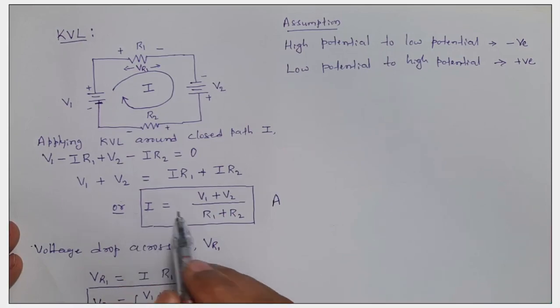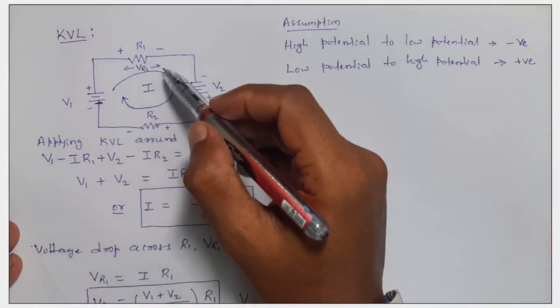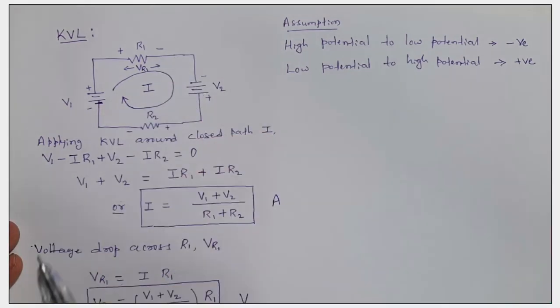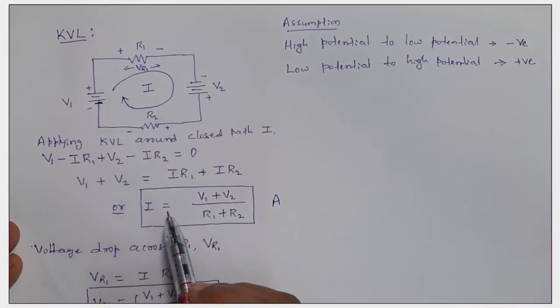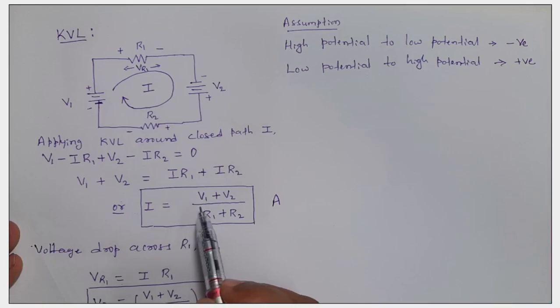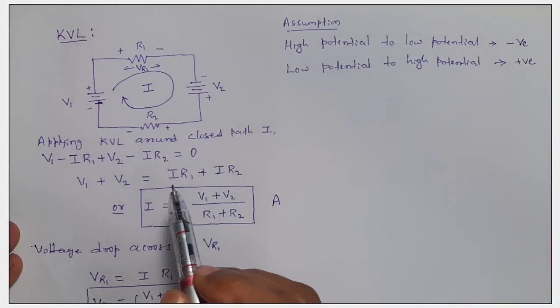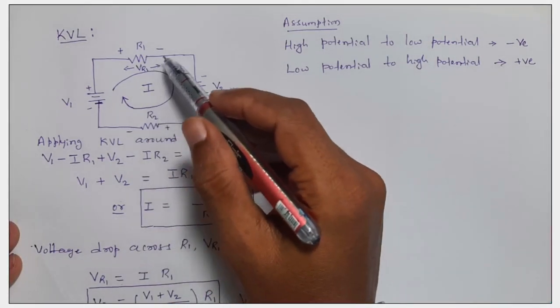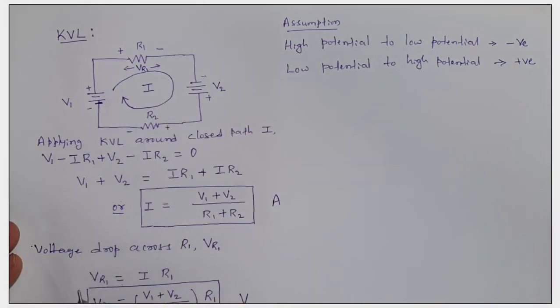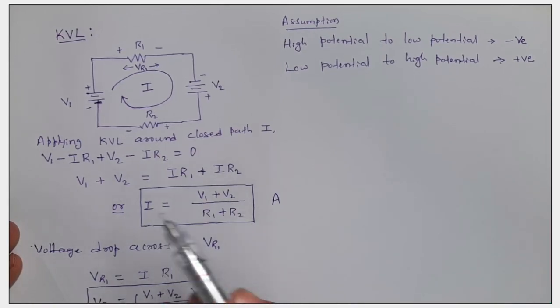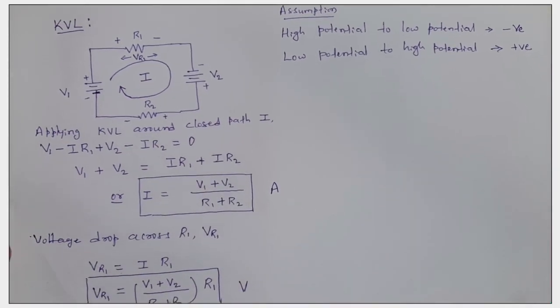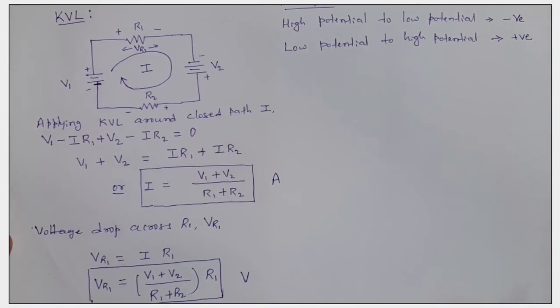If the current is positive, the assumed direction and the actual direction are the same. Whereas if we get a negative value of current, the actual direction is opposite to the assumed direction. Hope this is clear to you. When we solve many numericals, at that time we are going to discuss all these things.